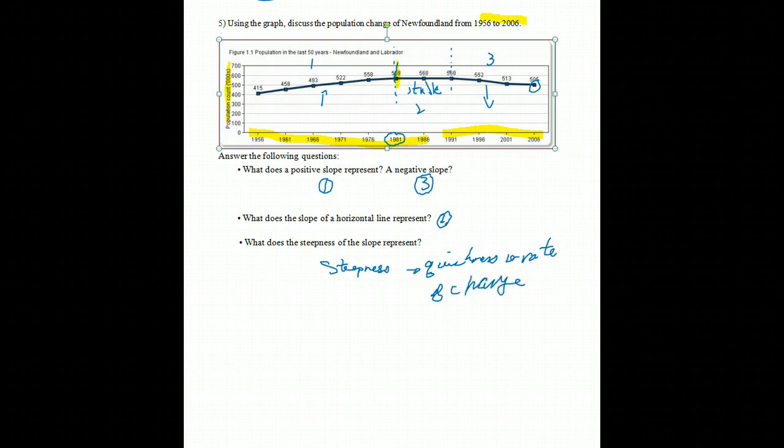If you look up here, the population is decreasing from 1991 to 2006, but the slope from 1996 to 2001 is steeper. We're losing more people in 1996 to 2001. We're losing them at a faster rate than we were from 91 to 96. So the steeper the slope, the quicker the change is happening.